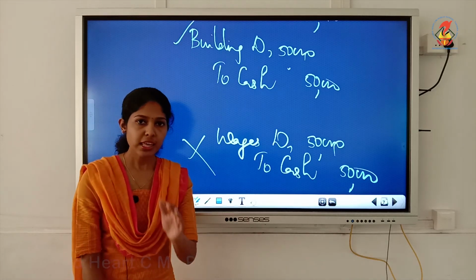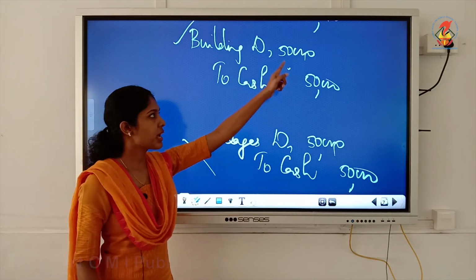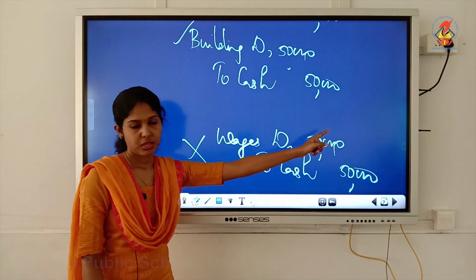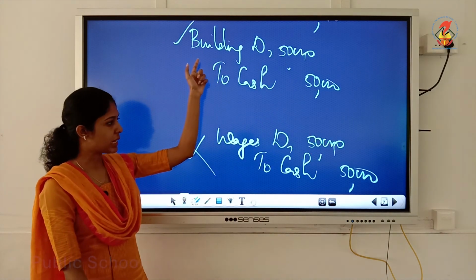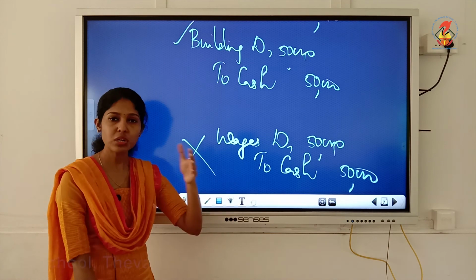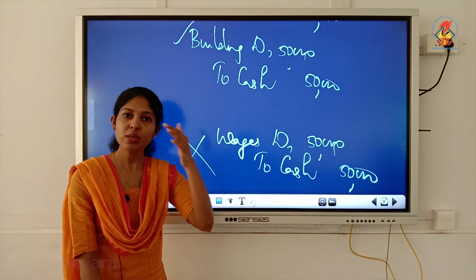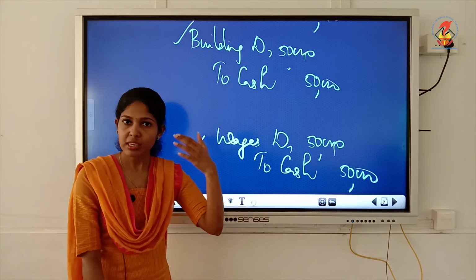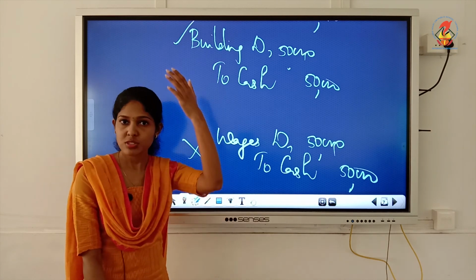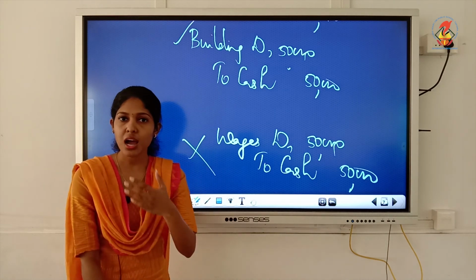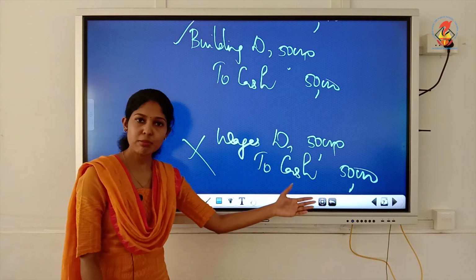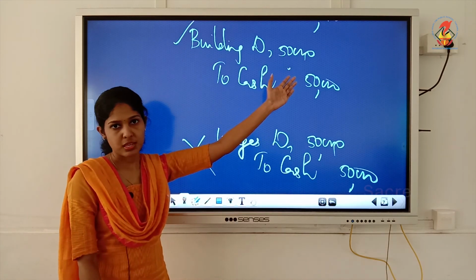No. Trial balance will agree because the amounts are the same. Understood? Instead of building, you recorded wages. That's the only difference. But trial balance will agree because there we are not checking whether the accounts are correct. We are just checking whether the debits and credits are equal. Debits and credits will be equal since the amounts are the same.